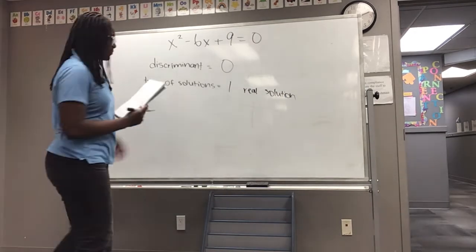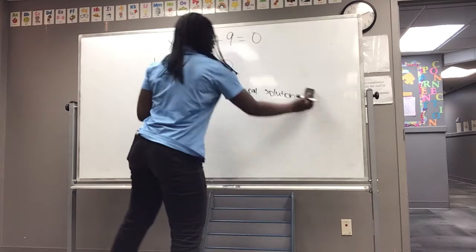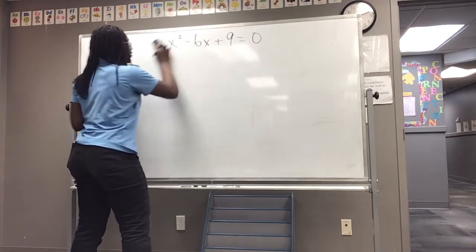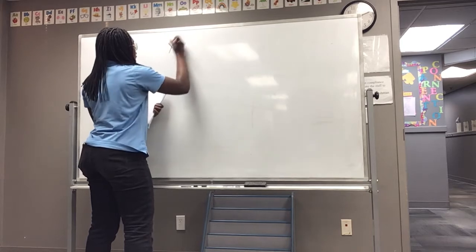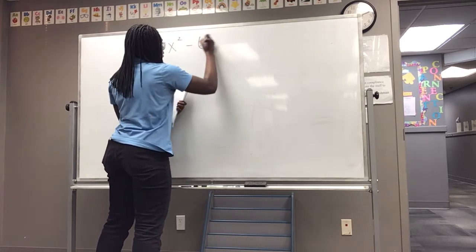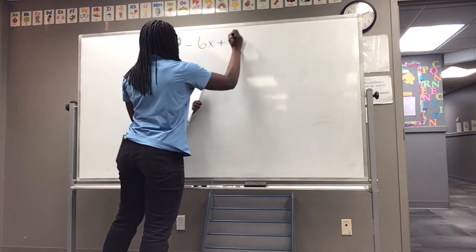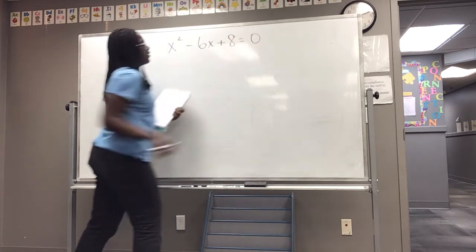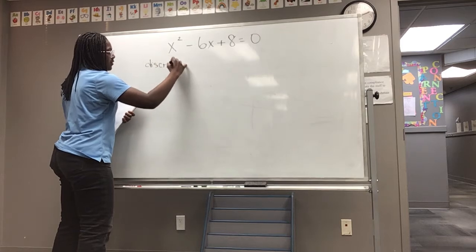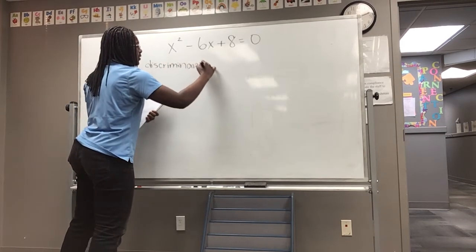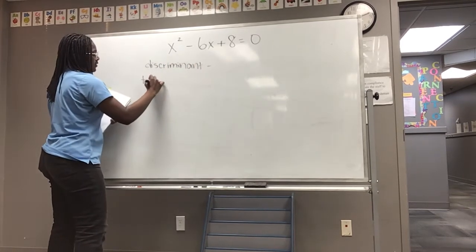Okay, we're going to do one more of these with the discriminant. Again, same thing: find the discriminant and then the type of solutions.